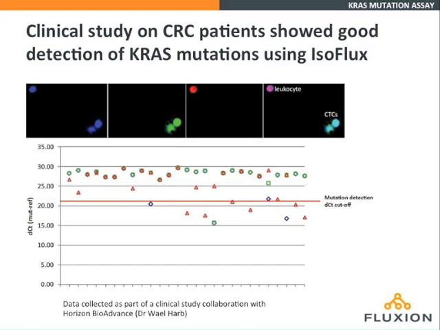Now, in no case have we observed patients with a positive mutational status in the biopsy, but that present wild type in the CTCs. So that all makes sense and is very encouraging for this workflow.